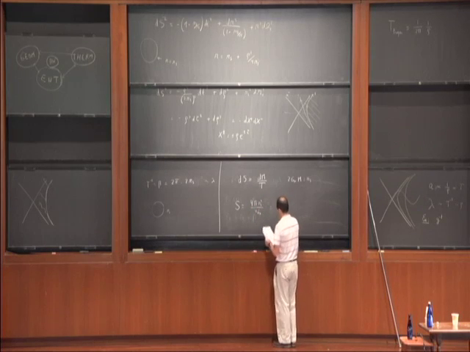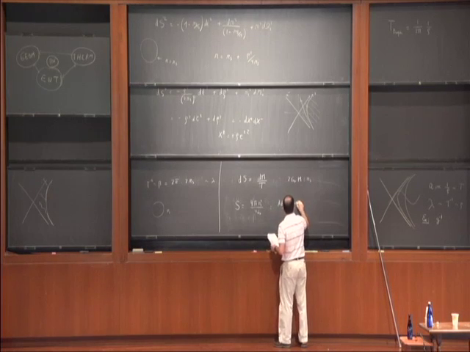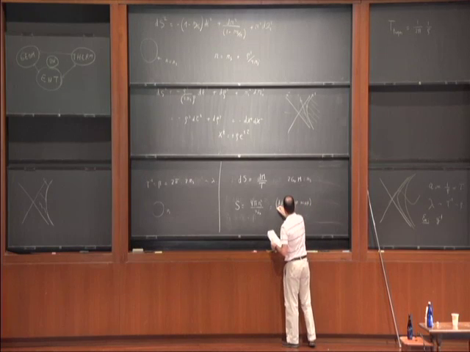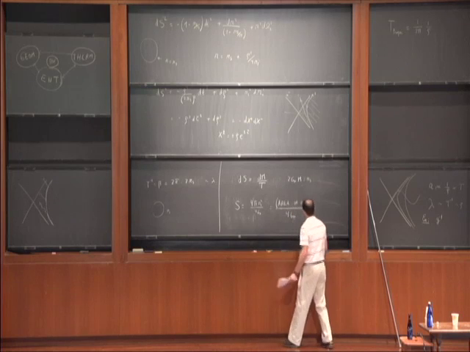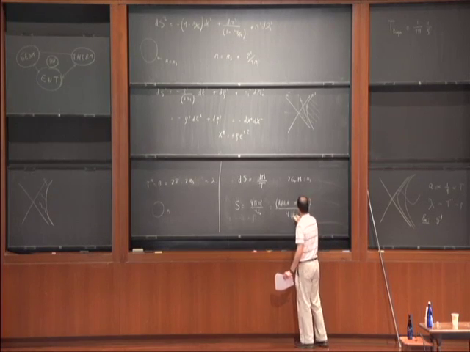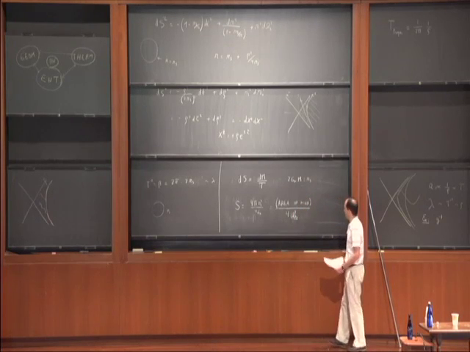And this is equal to the area of the horizon divided by 4 G Newton. G Newton can also be written as L Planck squared. So this is the area of the horizon in Planck units.